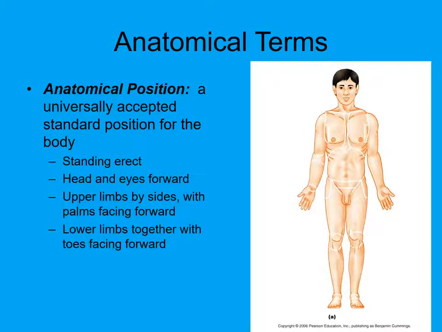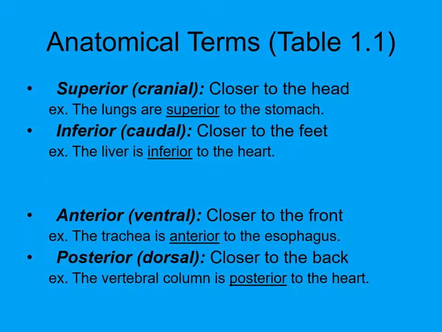Their arms are going to be down by their side with the palms facing forward, and the toes are going to also be facing forward. Because the palms are facing forward, notice that the thumbs are going to be essentially furthest away from the body. That's going to become important later on as you use those as landmarks to identify various things.